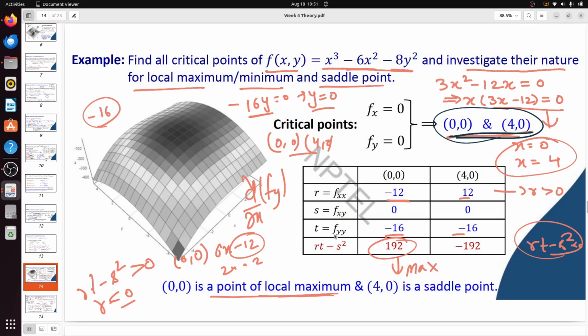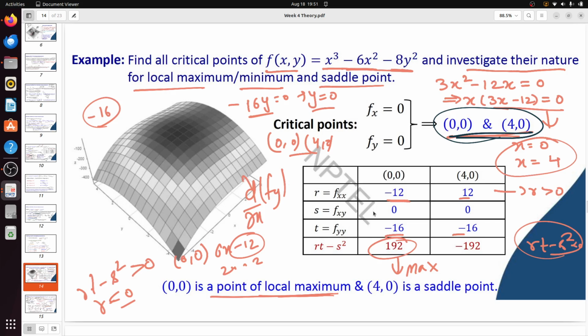Now t is the second derivative with respect to y square, and for both points you get minus 16. So rt minus s square is actually 192 minus 192. So this is the point of local maximum, and this is actually the saddle point, right? So (4, 0) is actually the saddle point.